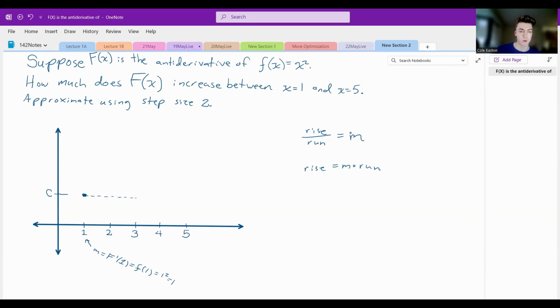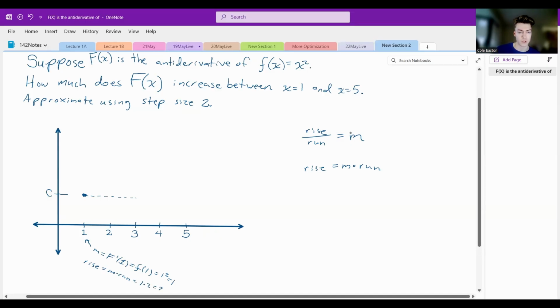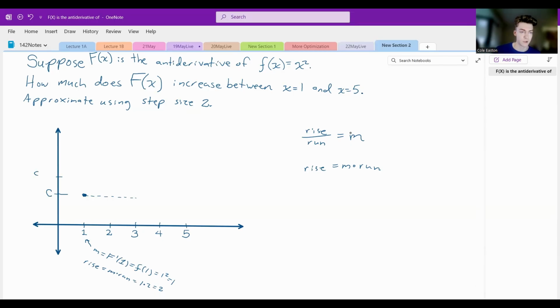So how much are we going to go up? Well, our rise is n times run, so that is 1 times 2, which is 2. So we're going to go up 2, and I'm just going to call this point c plus 2, since we know that this distance between them is 2. And so we'll go up by 2, and we'll connect those by a line.